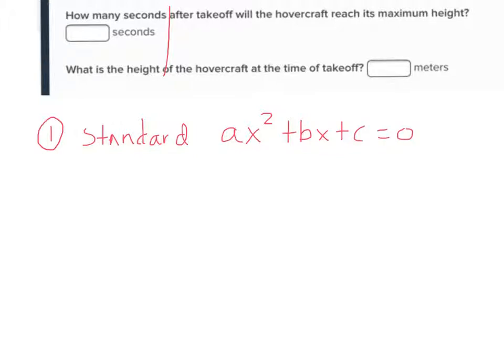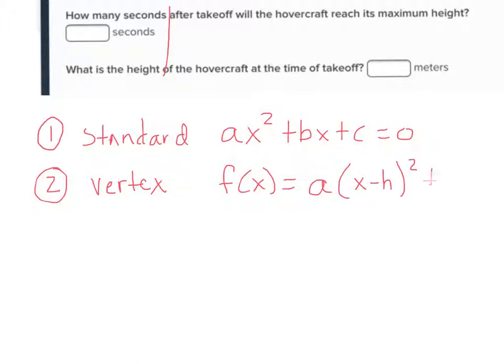Then you have vertex form, and it is f of x equals a times (x minus h) squared plus k.